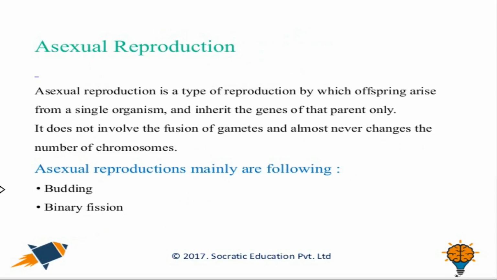Proceeding further, we have the next topic of asexual reproduction. Asexual reproduction is a type of reproduction by which offspring arise from a single organism and inherit the genes of that parent only. You must have noticed that when a newborn baby arrives, it has some common features.